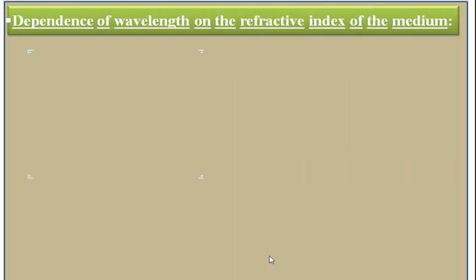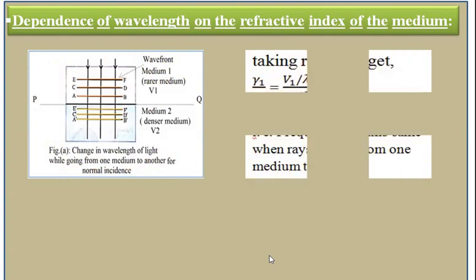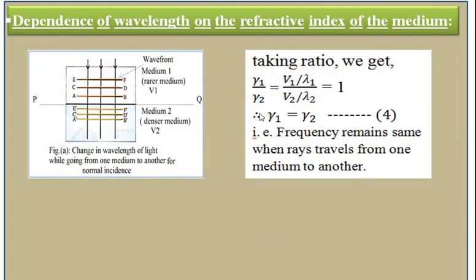Taking the ratio of these two equations, we get nu1 upon nu2 is equal to v1 upon lambda 1 whole divided by v2 upon lambda 2, which is equal to 1. This means that nu1 is equal to nu2. That is, the frequency remains the same, unchanged, when rays travel from one medium into the other medium. Thank you.